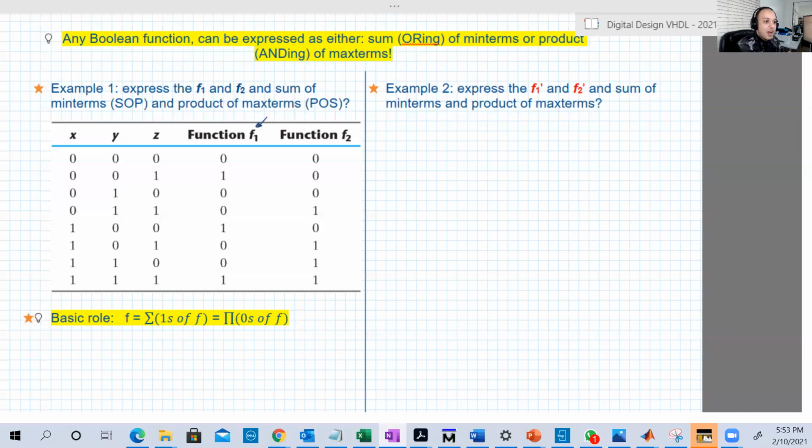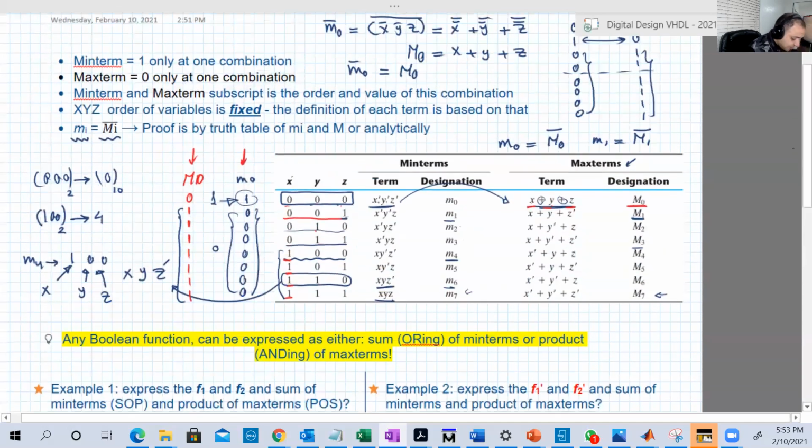And I will explain in a moment why min term corresponds to product. And we can express also any Boolean function as a product of max terms or product of sums. Now let's see how min term corresponds to product or ANDing, and max term corresponds to sum or ORing. Just go back here and see. If we take, for example, M1 as an example, M1 is x bar dot y bar dot z, ANDing or product.